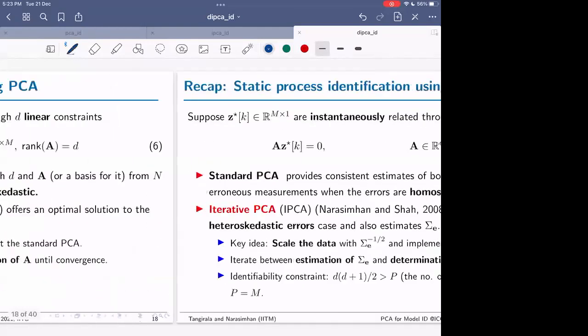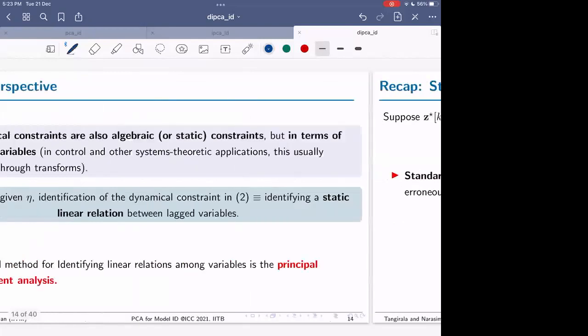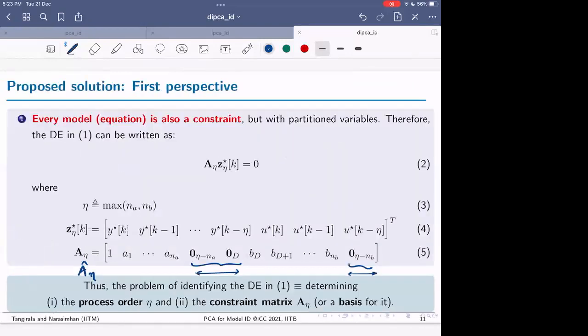And this is something that I want to show up front. Now, the number of columns of A is different. You can see how many columns there are in A: you have 2 eta plus 1. So A eta is 1 by 2 eta plus 1.